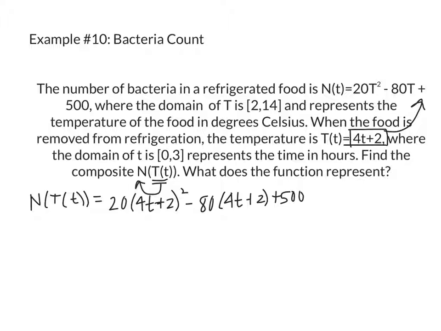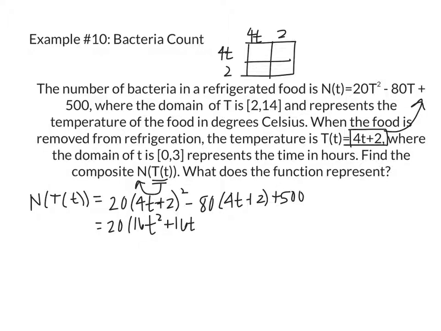All right, this 4t plus 2 squared, you can go ahead and simplify that out. I've already done the work, but you can use this box to help you. But that would be 20 times 16t squared plus 16t plus 4, and then minus 320t, because now I'm distributing. 320t minus 160, and then plus 500.